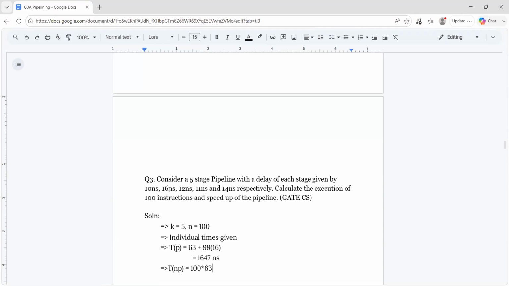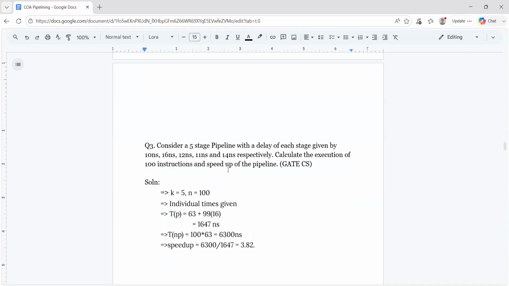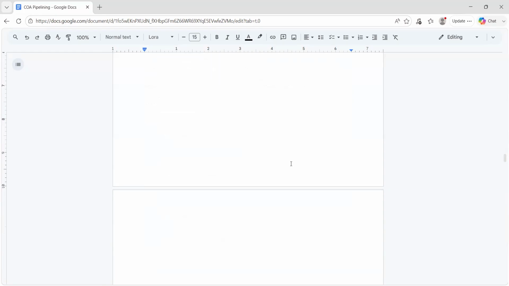Now the speedup will be 6300 divided by 1647, which is approximately 3.82. So the answer is 3.82. The catch here is that all the stages have different times, so we have to solve it accordingly with a different formula.